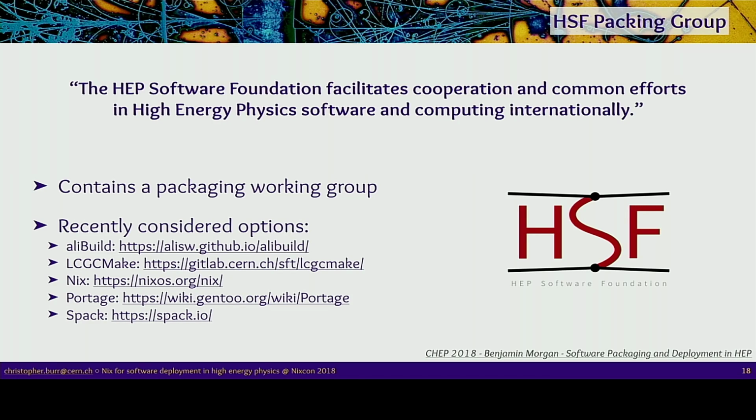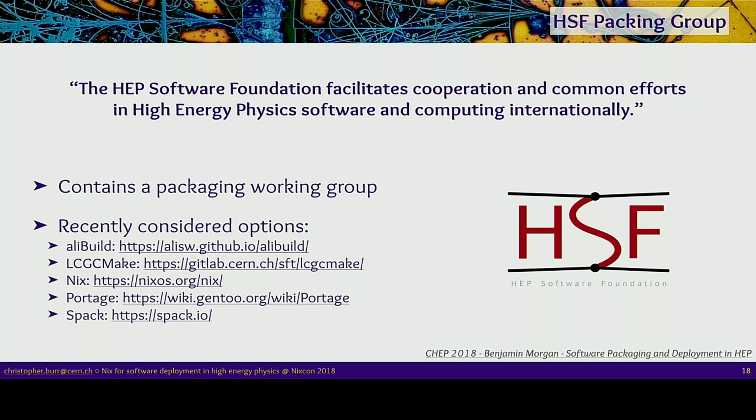So to try and bring the community together instead of everyone having disjoint solutions for this, there's an organization called the HEP Software Foundation that are trying to bring experiments together on a wide range of issues, one of which is a packaging working group. At the moment they're looking at different package managers and figuring out which one is going to be their recommendation for the high energy physics community to use.